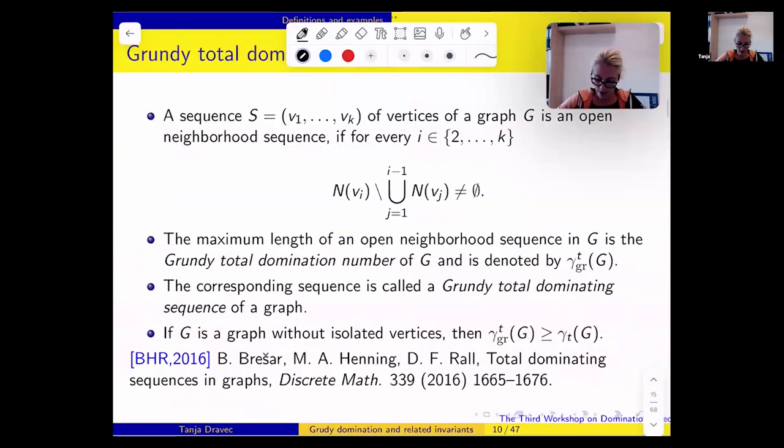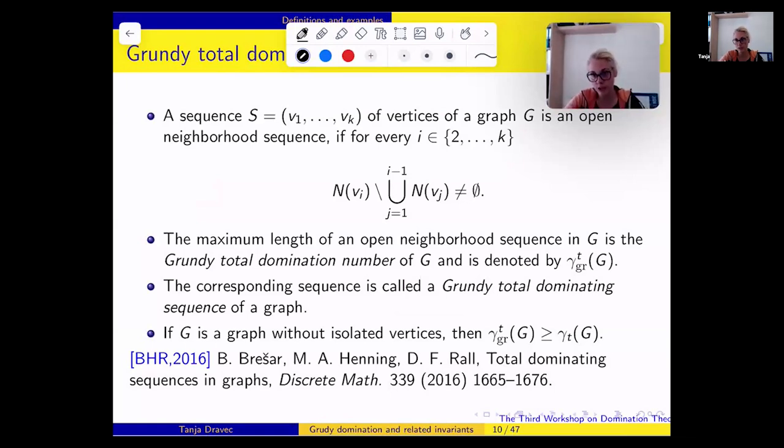In 2016, Brešar, Henning, and Rall presented the total version of this invariant. For this version, we need open neighborhood sequences. A sequence of vertices is an open neighborhood sequence if each vertex of the sequence totally dominates at least one vertex that was not totally dominated by previous vertices of the sequence.